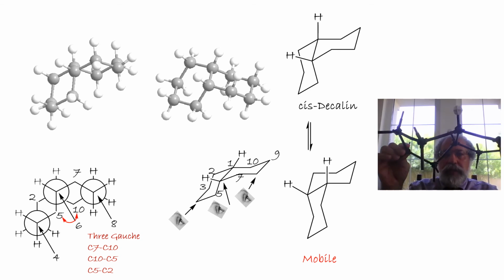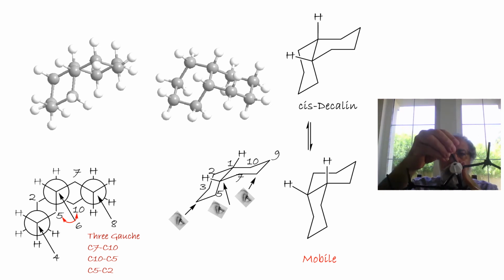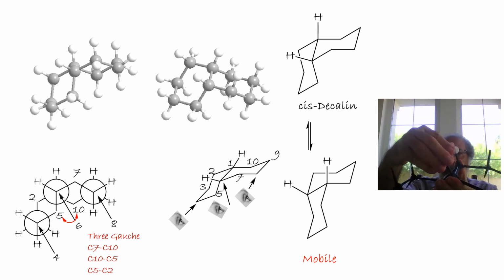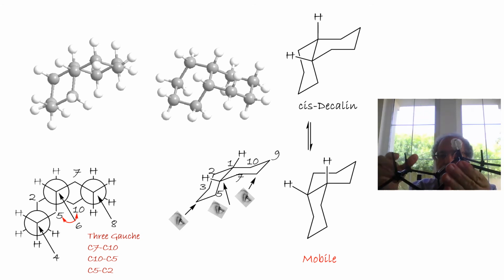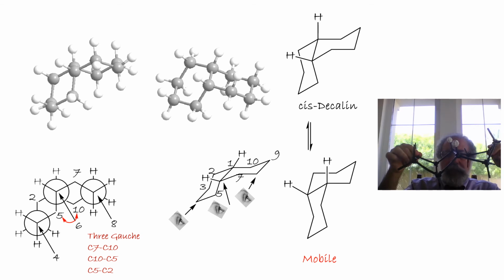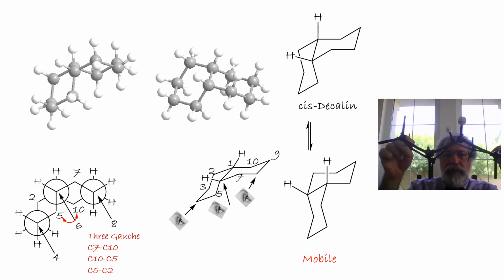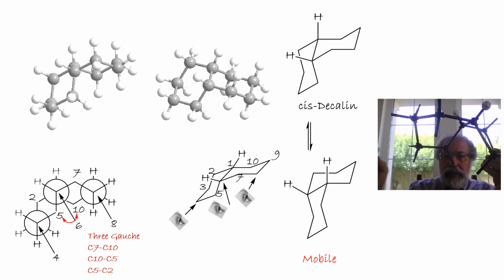This is the cis-decalin. In cis-decalin, the two hydrogens are in the same direction, and you can see from the model that the molecule is mobile. You can flip it.